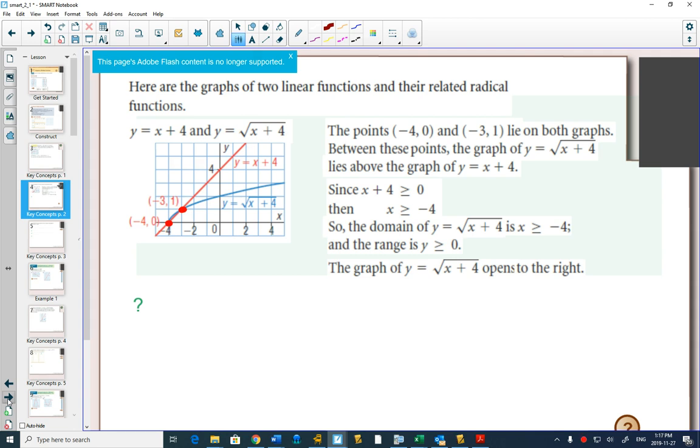And then you might find other points that you know. For example, on your red graph, there your y value is 4. What's the square root of 4? 2. So if you know points on your original graph, you can find some points on your square root graph.